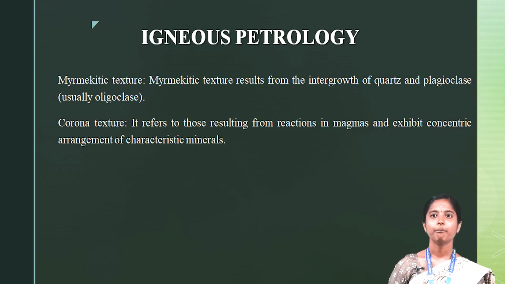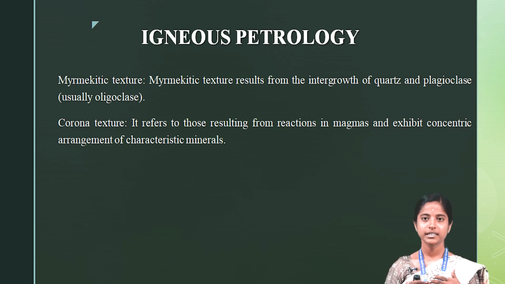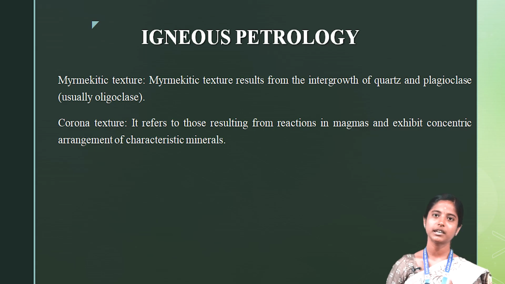Next, the myrmekitic texture. Myrmekitic texture results from the intergrowth of quartz and plagioclase, usually oligoclase. Next, the corona texture. It refers to those resulting from reaction in the magma and exhibits a concentric arrangement of characteristic minerals. So we can discuss a lot about this in this e-content.